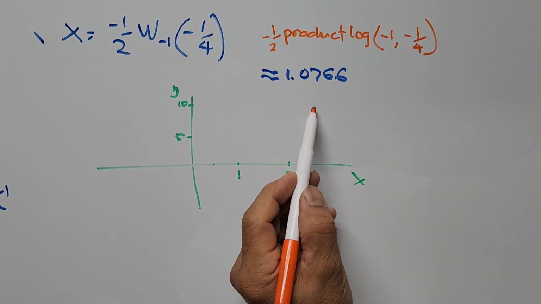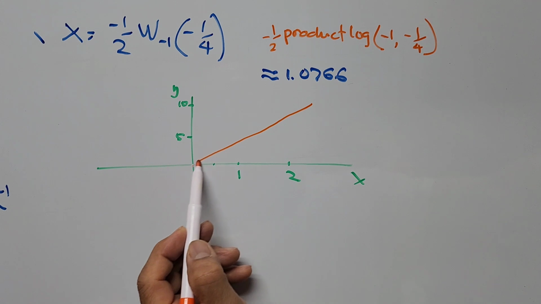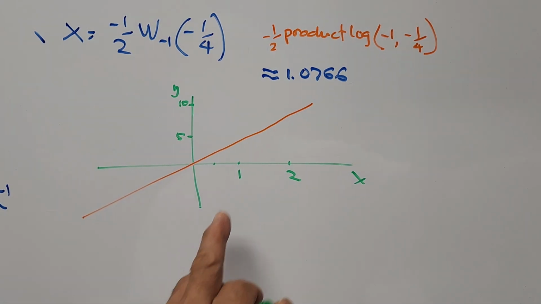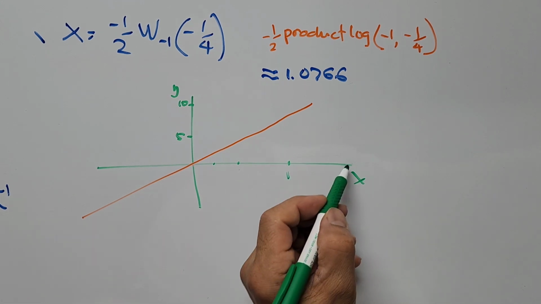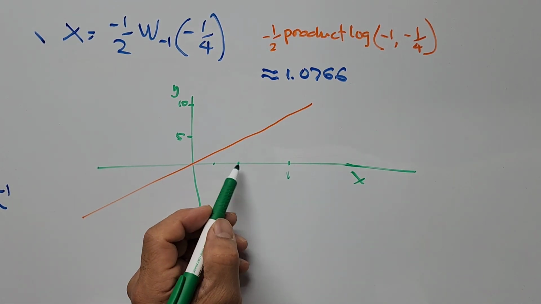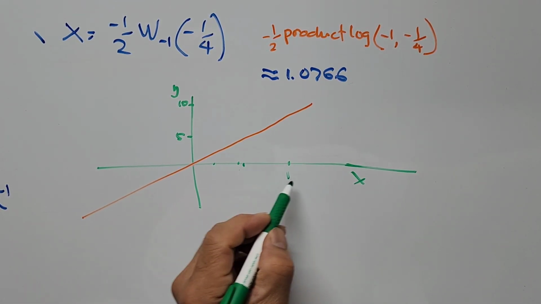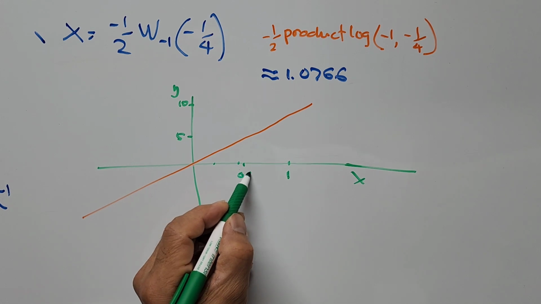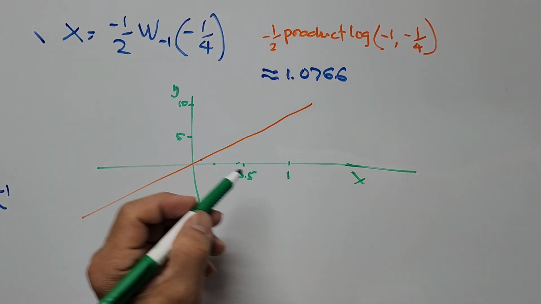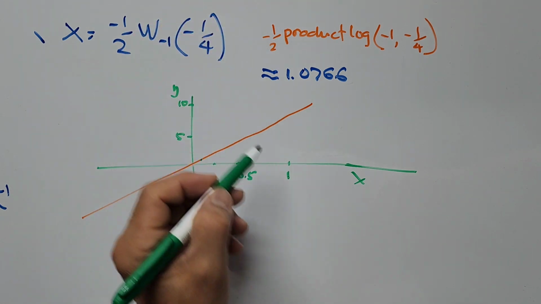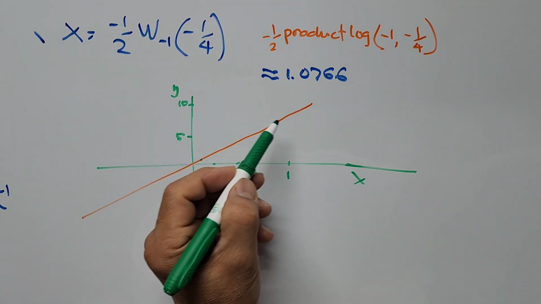So right here should be the line, and this is 1, and this is about the half point, 0.5. The first intersection is 0.17, and the other intersection is about past 1, somewhere here.